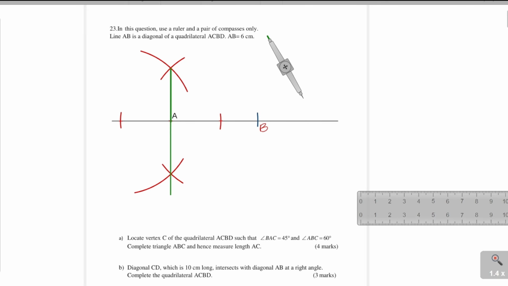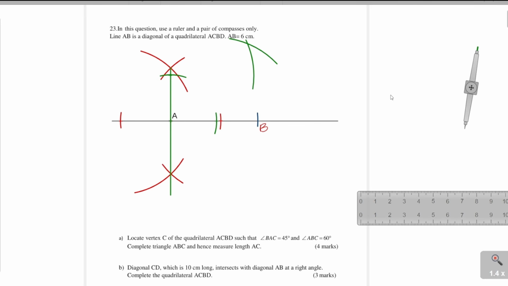So after getting 90, we bisect that angle of 90 that we have constructed. So how do we bisect that? We stand at point A, and using any suitable radius, you mark an arc there, and then you mark another arc there. Then from there, you stand on this arc that you made here, and mark an arc there, and then stand on this arc that you made here, and cut that arc.